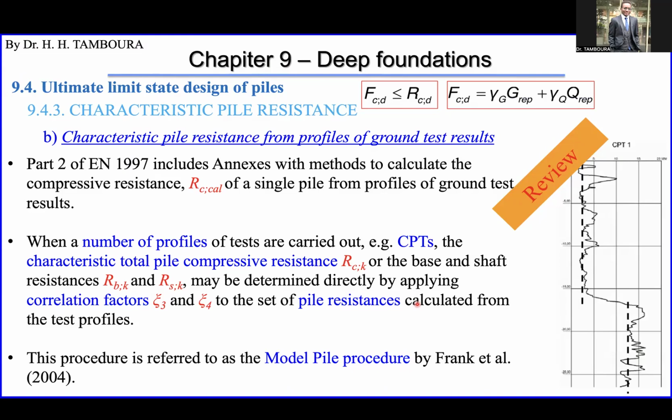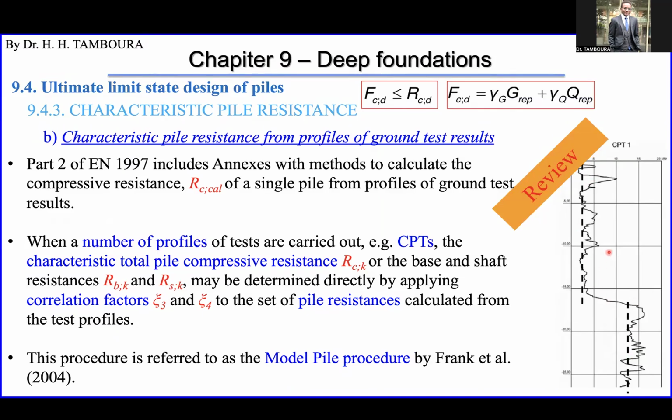And by adding these two, we can obtain then the total resistance, okay? So the characteristic resistance can be obtained from those calculated resistance, okay? The calculated one are the result we obtain from the CPT, okay?